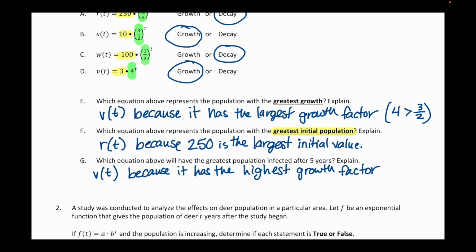And so even though there is another one that is growing, it's 10, but it's only growing by 1.5, and 3 times 4 every time is going to really, really quickly pass it up.